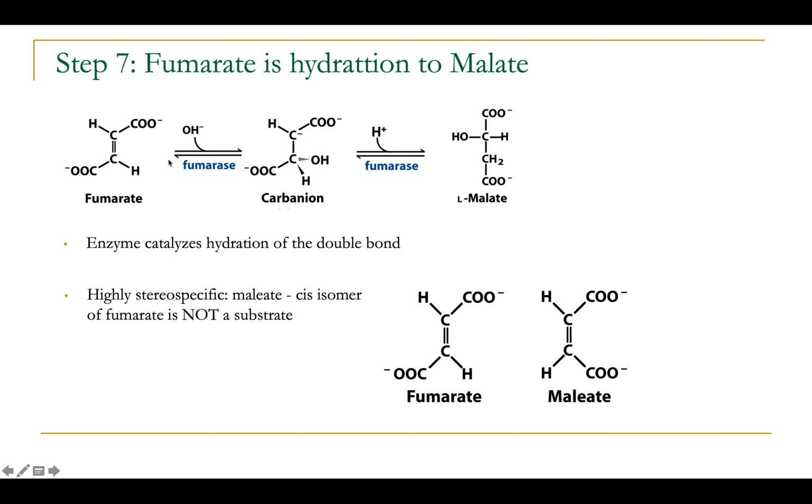As a matter of fact, the fumarase enzyme, which catalyzes this reaction and stabilizes this carbanion, is a stereospecific enzyme. At the end, the malate form which fumarase produces is exclusively the L isomer, which is determined by the arrangement of chemical bonds around this chiral center, and fumarase never produces D-malate.